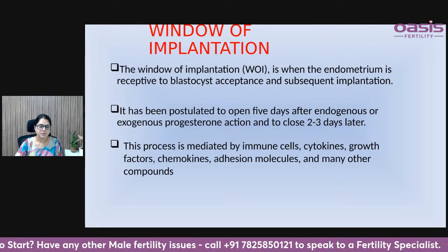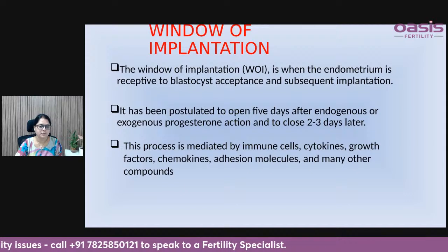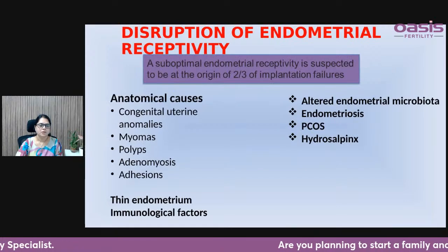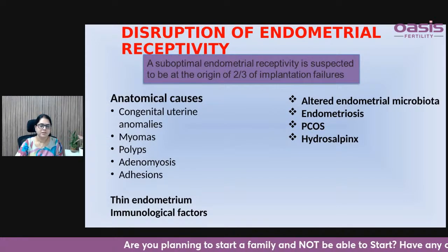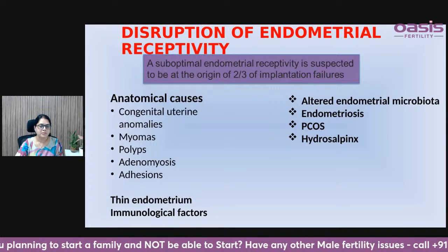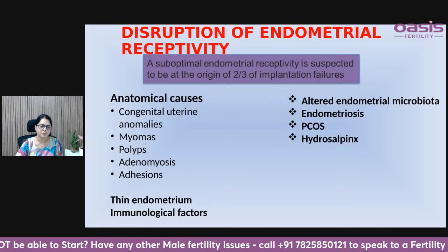This process is mediated by immune cells, cytokines, growth factors, chemokines, adhesion molecules, and many other compounds. This window of implantation is disrupted in some cases; suboptimal endometrial receptivity is suspected to be at the origin of 2/3 of implantation failures.